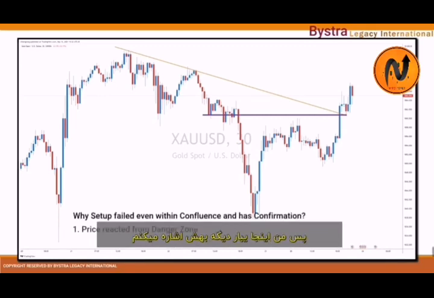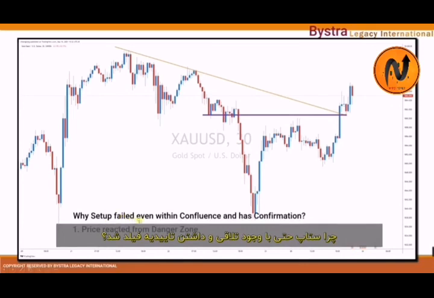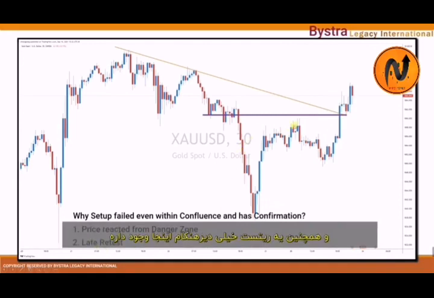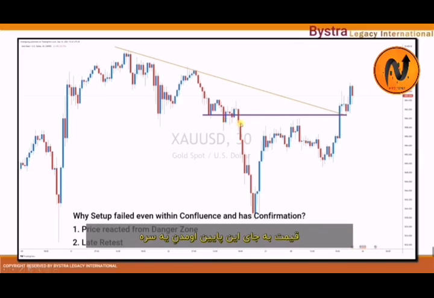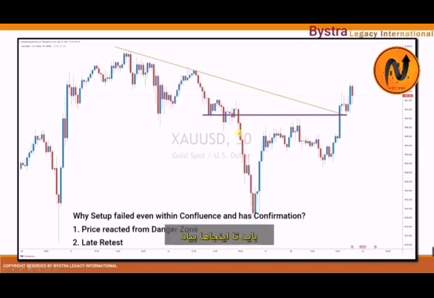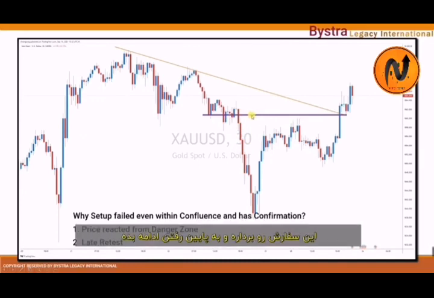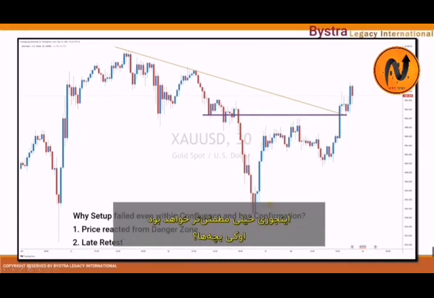So here I'm going to mark it one more time. Why did the setup fail even with confluence and confirmation? Because price reacted from the danger zone, and it is also a very late retest. Price, instead of coming all the way down, should have just come somewhere around here, reacted a little bit, gone up, pulled back, taken this order and continued down. Then it would be much safer that way.